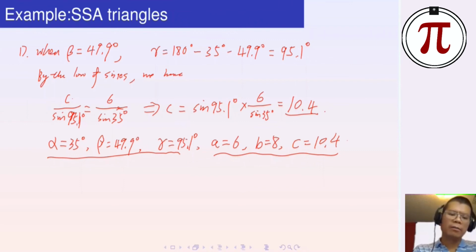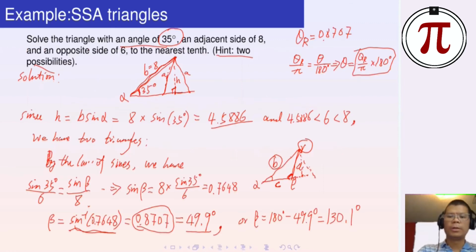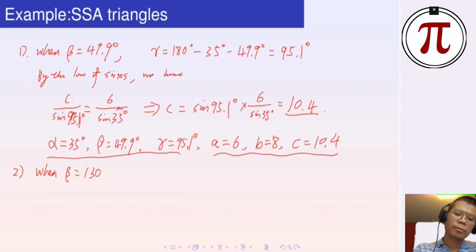Now similarly, I can have the second case when beta equals 130.1. Gamma equals 14.9 degrees. Yes, exactly.